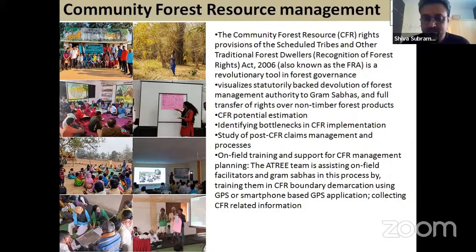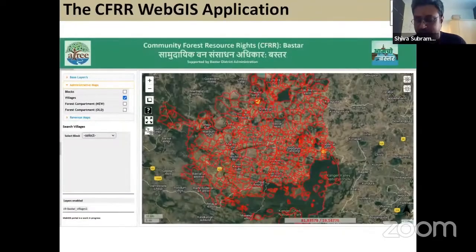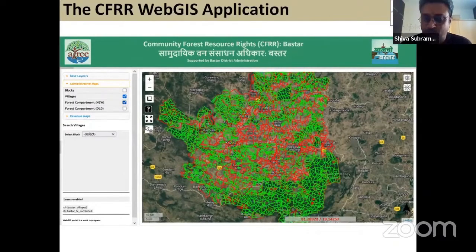So with the help of the WebGIS application, what we are doing is basically we are using certain important layers like the village layer and then the forest compartment layers from the forest department to overlap them, and then give an idea to the post-processing team as to how to verify these claims, and then how to help the local communities and the facilitators to correct any conflicting claims.